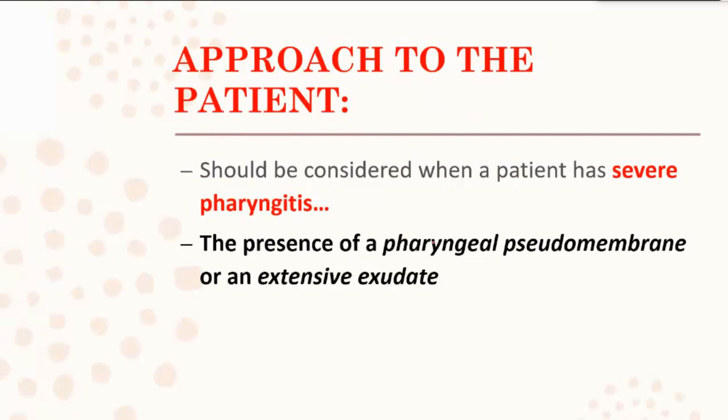And the presence of a pharyngeal pseudomembrane or an extensive exudate. So you should consider diphtheria when a patient, number one, has severe pharyngitis, or on examination has a pharyngeal pseudomembrane or very extensive exudate over the pharyngeal space. You should suspect diphtheria.